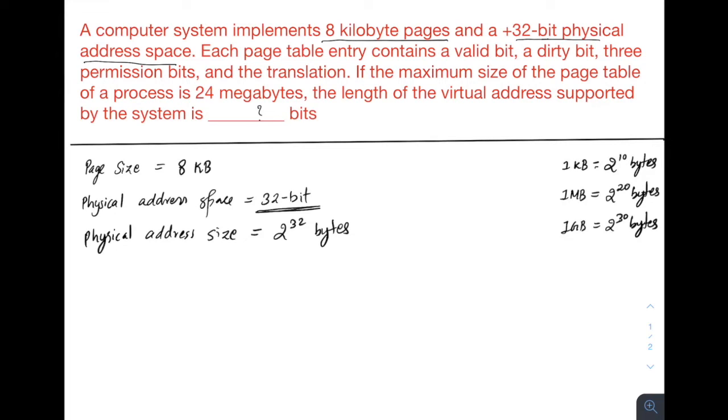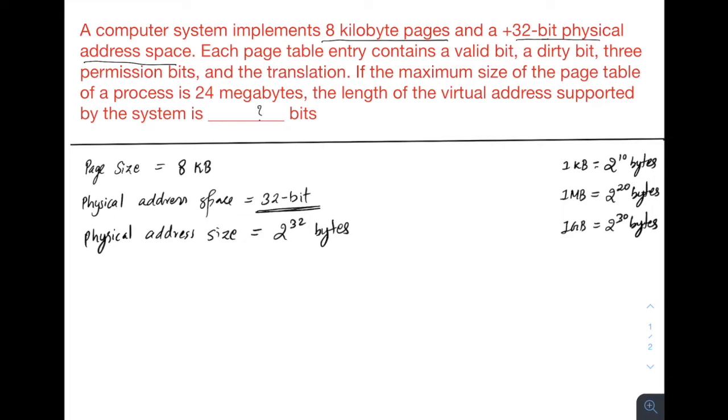You can take a simple example. If you have 3 bits, how many numbers can you store using these 3 bits? Of course, 2 power 3, that is from 0 to 7. These are the numbers you can store in 3 bits. Now if you have 32 bits for storing all these physical addresses, the addresses go from 0 to 2 power 32 minus 1, right? That's the concept here.